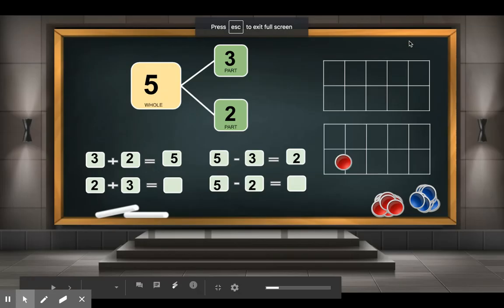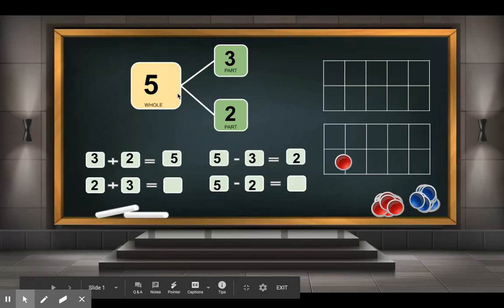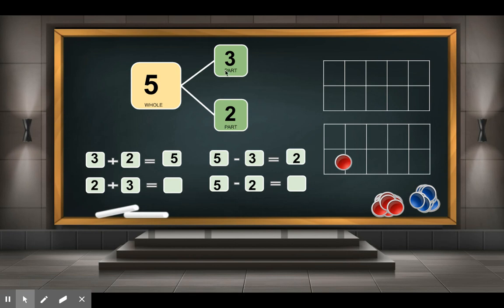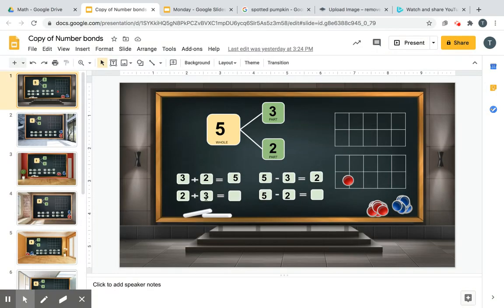Let's practice some more. So here is our number bond. This is our whole, 5, and these are our little parts. It takes a part of 3 and a part of 2 to put together and make your 5, just like it takes eggs and flour to make cupcakes. I've got 3 plus 2 makes 5.